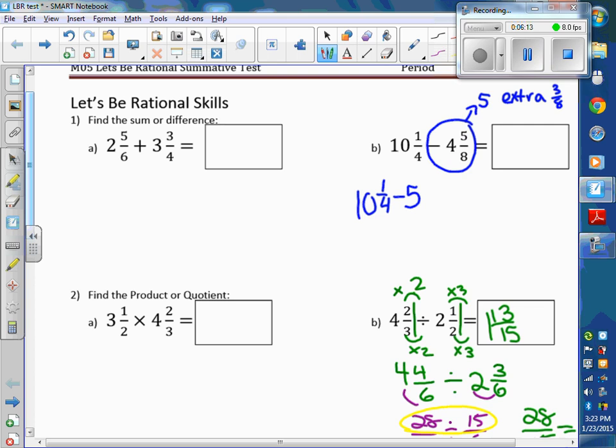And that gives me 5 1/4. But remember, I rounded up, so you have to add back the extra 3/8. So that's 5 2/8 plus 3/8, which is 5 5/8.